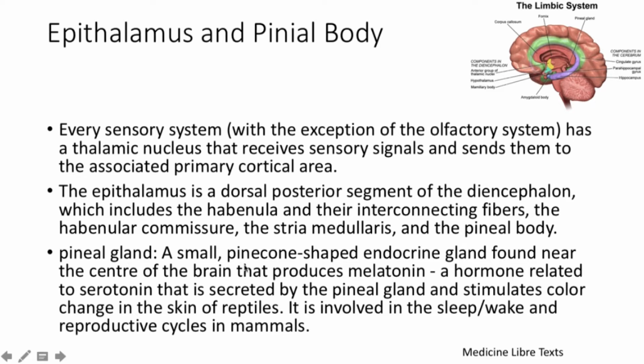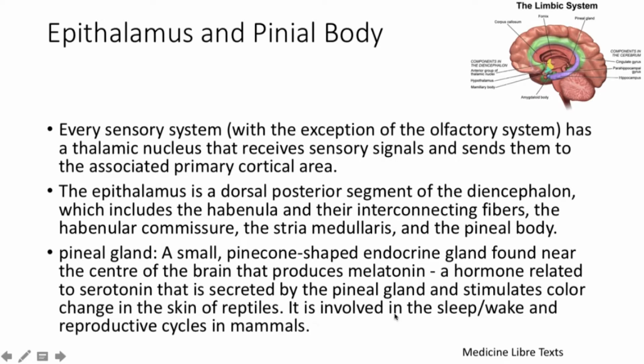So the pineal gland is a very small pine cone shaped endocrine gland, and it controls the hormone called melatonin, a hormone related to serotonin. It is secreted by the pineal gland, and it stimulates color change in the skin of reptiles.